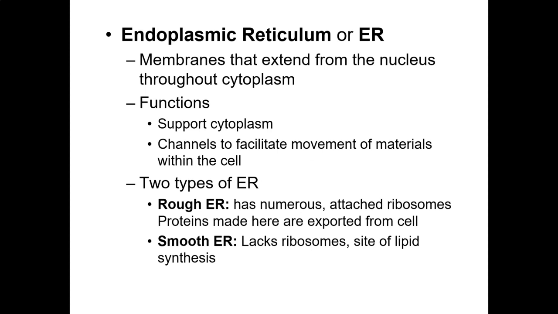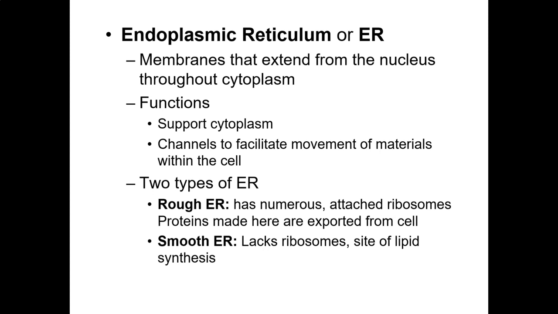There is something called the endoplasmic reticulum. Big word, sometimes we call it the ER. These are membranes that extend from the nucleus throughout the cytoplasm. Their functions are to support the cytoplasm, and they contain channels to facilitate movement of materials within the cell. There are two types of ER, rough and smooth.